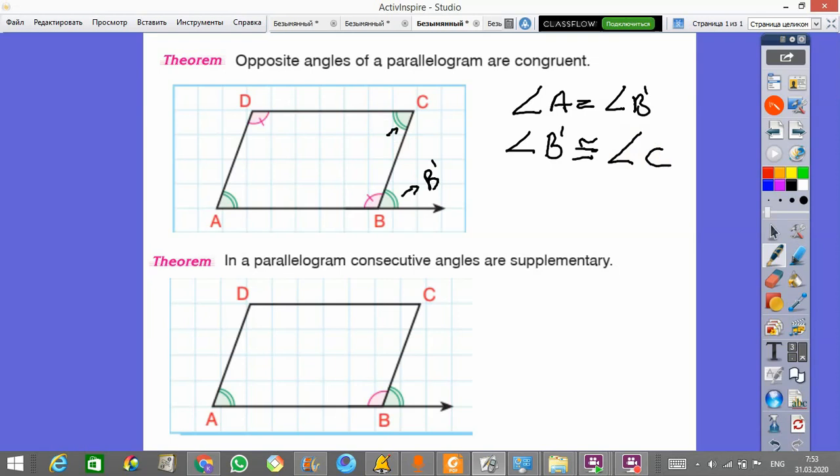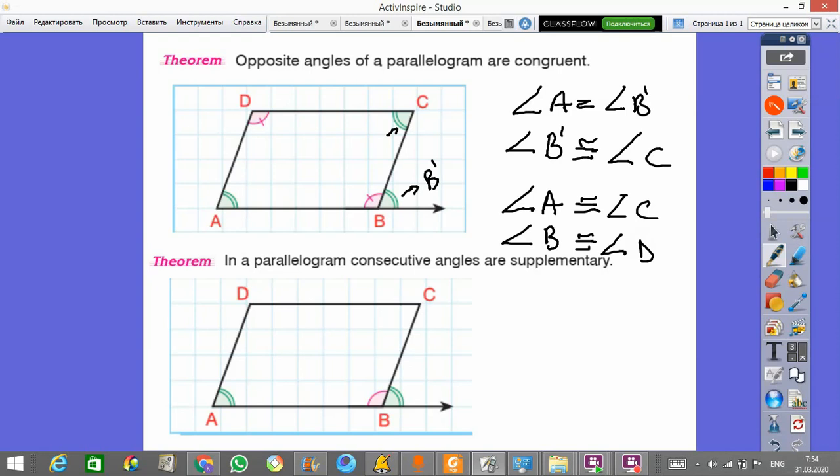So if angle A is congruent to angle B prime, and angle B prime is congruent to angle C, using the transitive property we can write angle A congruent to angle C. Then angle B congruent to angle D. Okay.